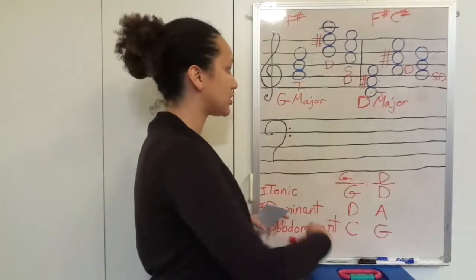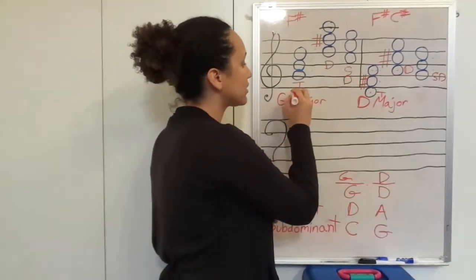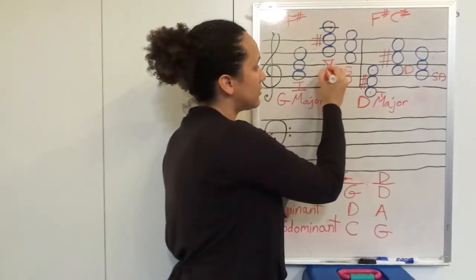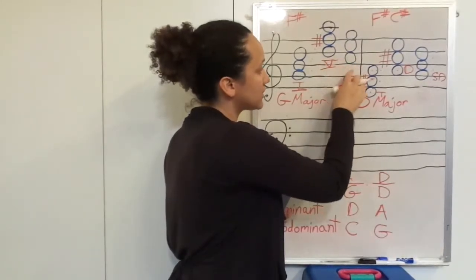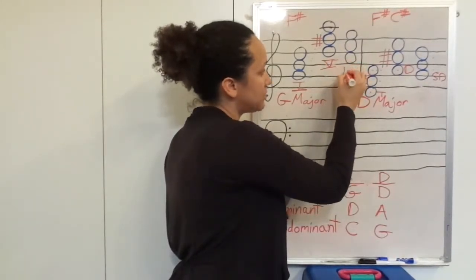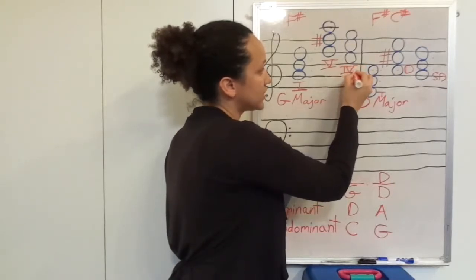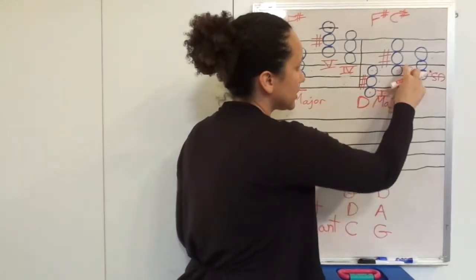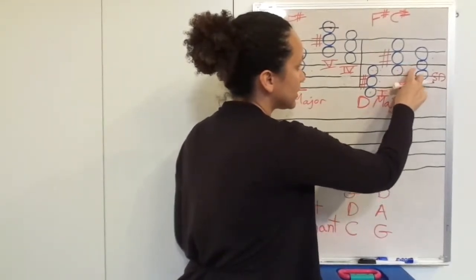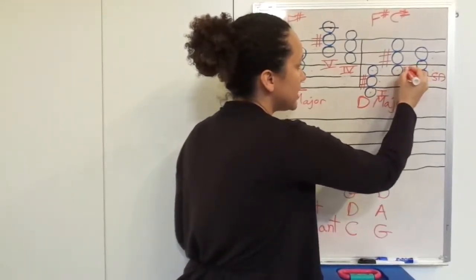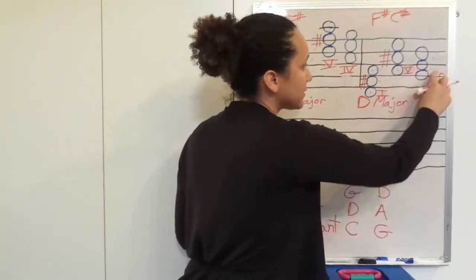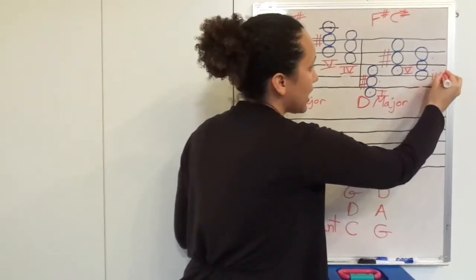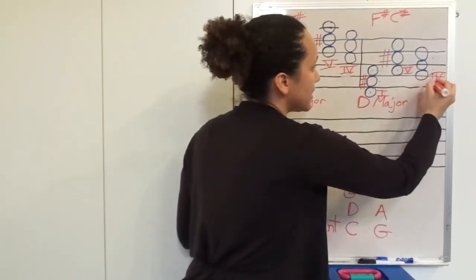So this would actually be I, and this would be V, Roman numeral 5, and this would be IV. And the same thing here. This would be I, this would be V for 5, and this would be IV for 4.